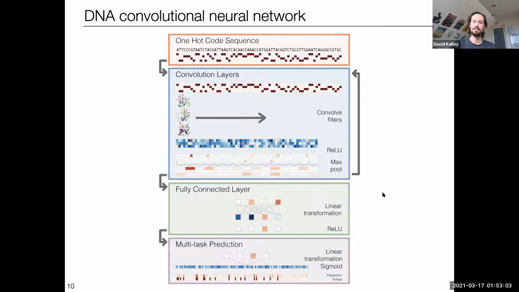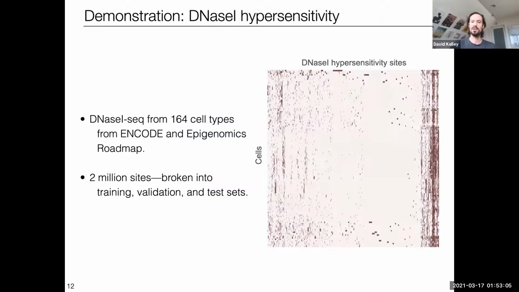In this case, I'm going to bounce ahead and show you the data and then hop back. The data that I wanted to predict was DNase hypersensitivity, which measures the accessibility of a region of DNA on the order of 100, 200 nucleotides.